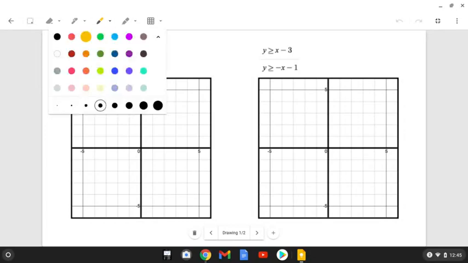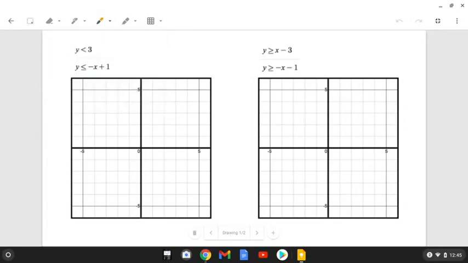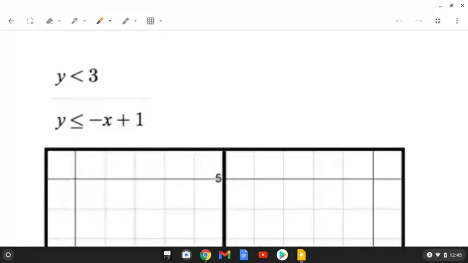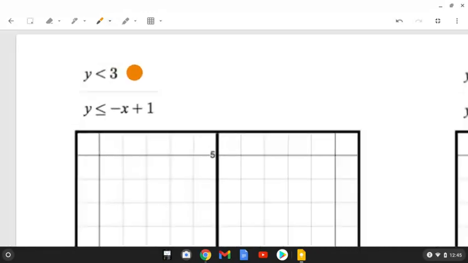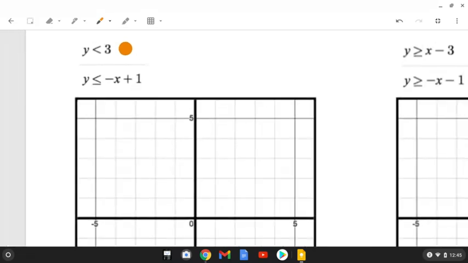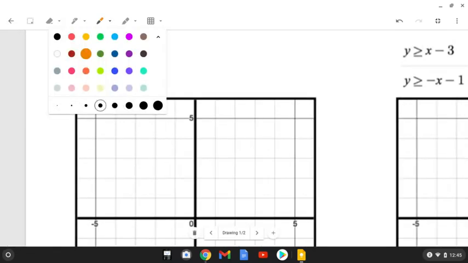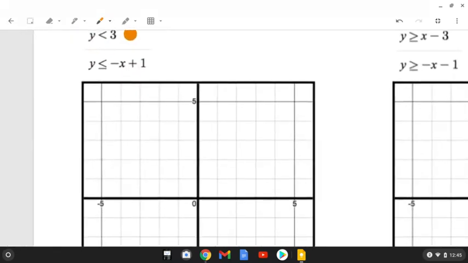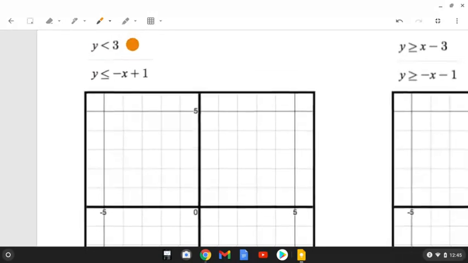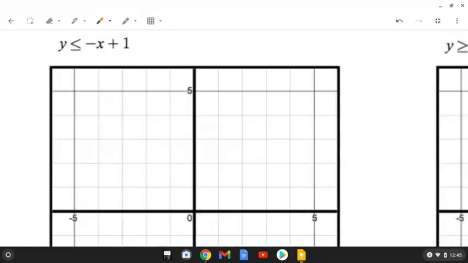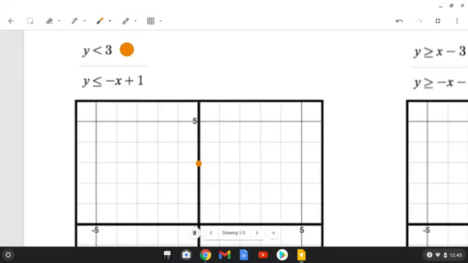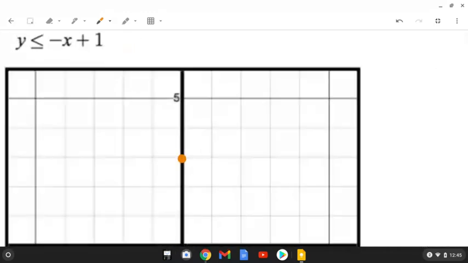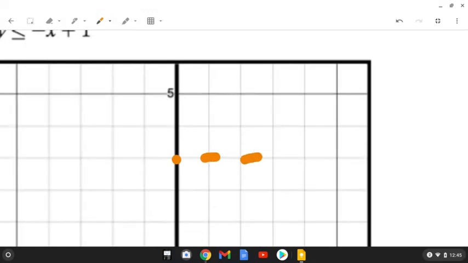So again, we have 2 different inequalities, and let's go with orange this time. This one, y is less than 3. Very similar to my last one, only this time there's no x, so there's no slope. But again, it's at positive 3. And because it is just less than and nothing with an equal sign, it's going to be a dotted line across at positive 3.